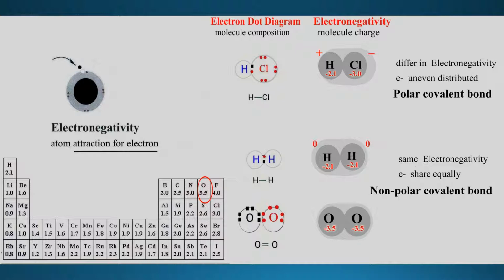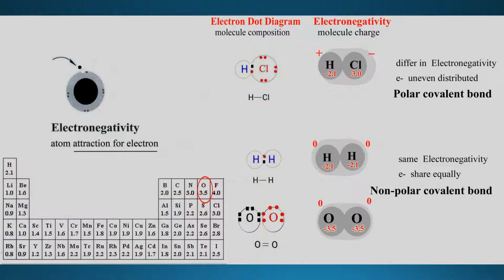So who's going to be stronger? No one is going to be stronger. Again, in the same situation, no one is stronger, so the electron will be shared equally. So it's going to be a non-polar covalent bond. Another non-polar covalent bond.